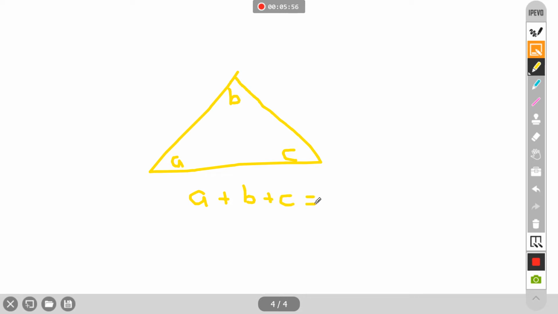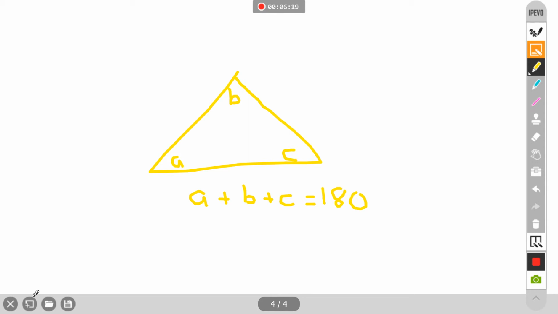I get 180 degrees. It does not matter what kind of triangle you have. It could be a right triangle, an obtuse triangle, an acute triangle. Maybe A, B, and C are all the same. And in that case, if they're all the same, then they would all have to be 60 degrees because it's always going to equal a sum of 180.